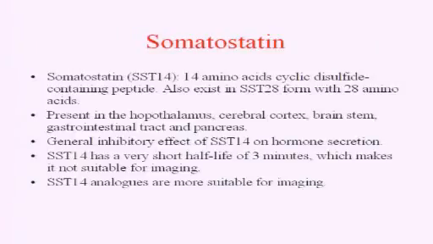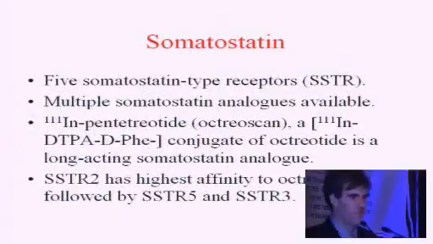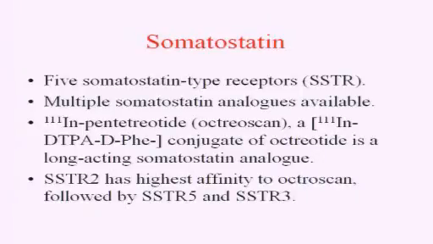But there are analogs with longer serum half-life that are more suitable for imaging. There are 5 somatostatin receptor types, 1, 2, 3, 4, 5, and there are multiple somatostatin analogs available in the world.